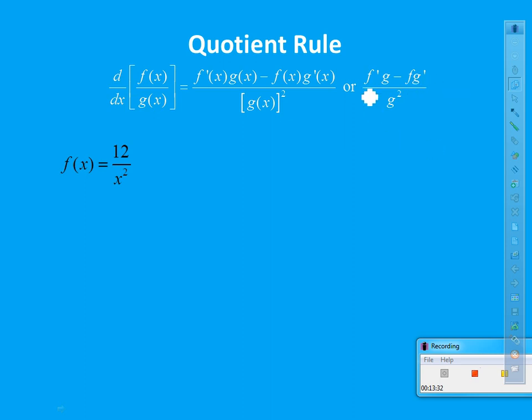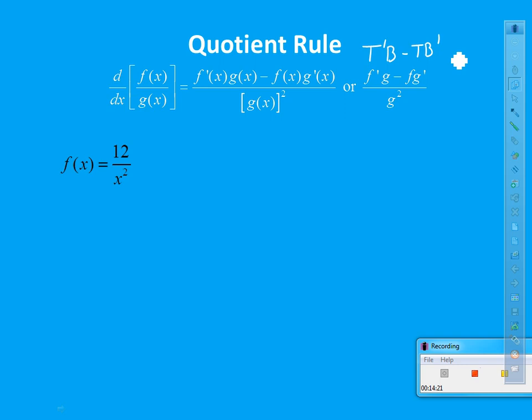The derivative of the first times the second minus the first times the derivative of the second, so top and bottom, all over the bottom squared. Really, if I wrote a calculus book, guys, I would have went T and B. The derivative of the top times the bottom minus the top times the derivative of the bottom all over the bottom squared. But I didn't write the book, so here goes.